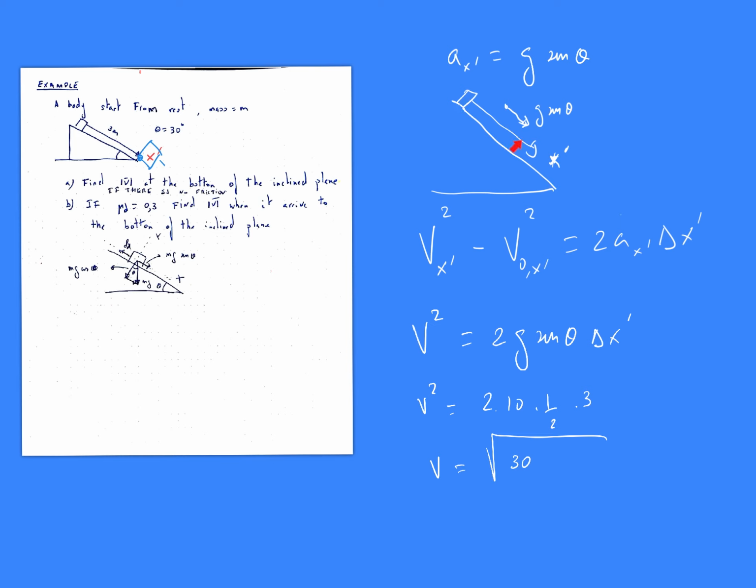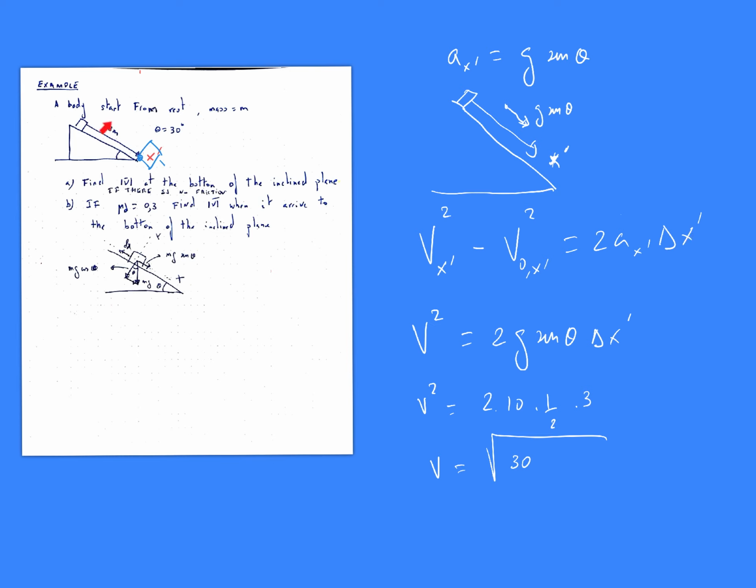So if I know the acceleration in the x prime direction, I can use the equation that I have proved also in class, that v x prime squared minus v0 x prime squared is 2 times the acceleration in the x prime direction multiplied by the displacement in the x prime direction.